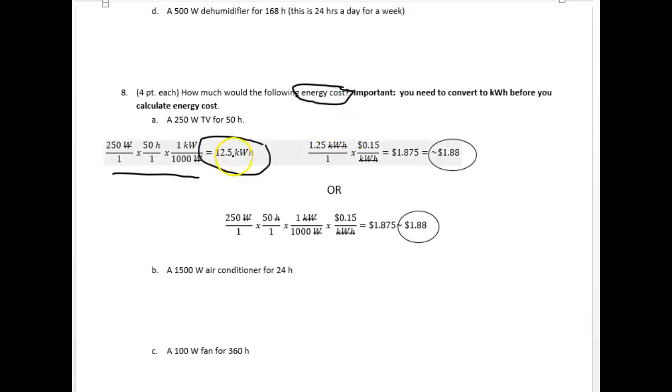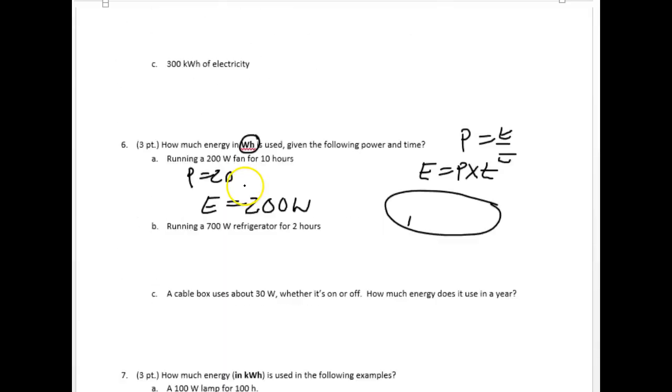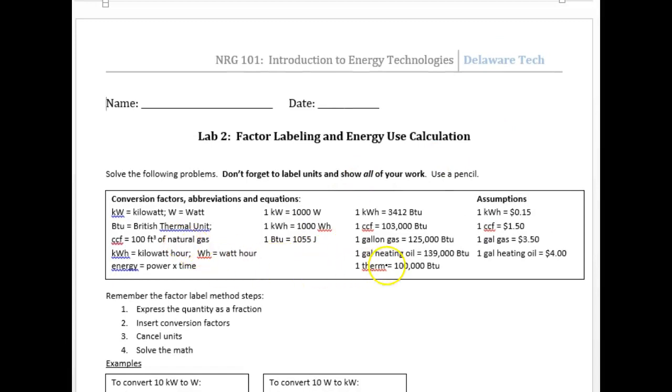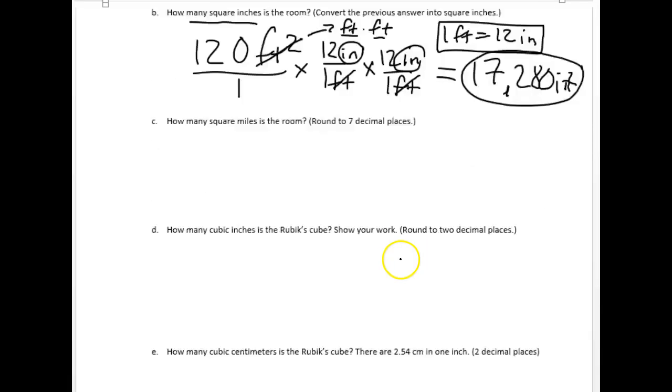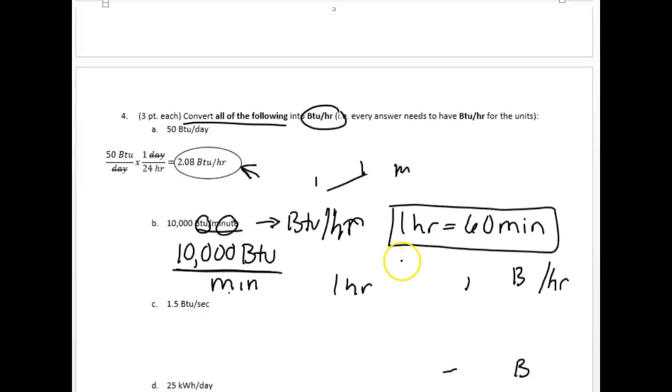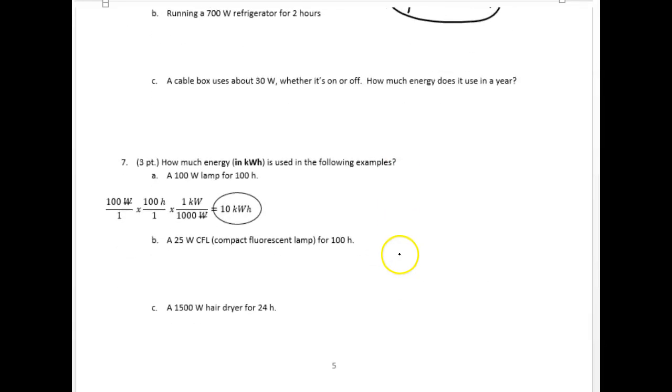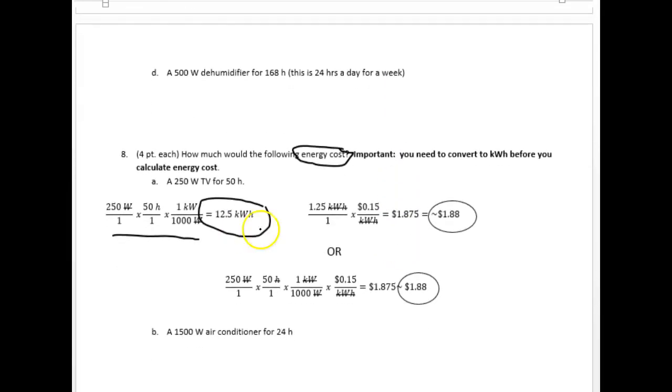So how much does it cost? I start with my kilowatt hours, and then I look at how much am I paying per kilowatt hour, and so you can actually go back to the assumptions at the beginning of the lab. How much am I paying per kilowatt hour? We're assuming 15 cents per kilowatt hour here, okay? And so you just apply that, basically treat it like it's a conversion factor, and if you're using 12.5 kilowatt hours, think of it as another conversion factor, okay?